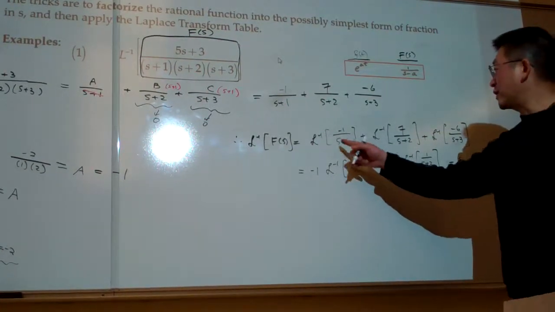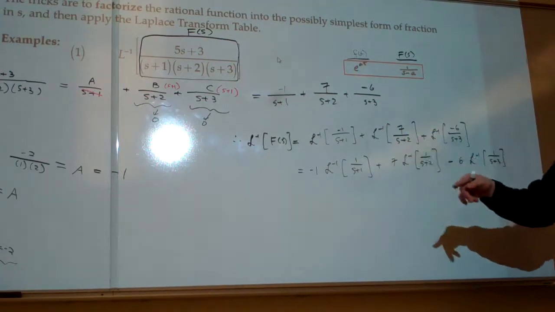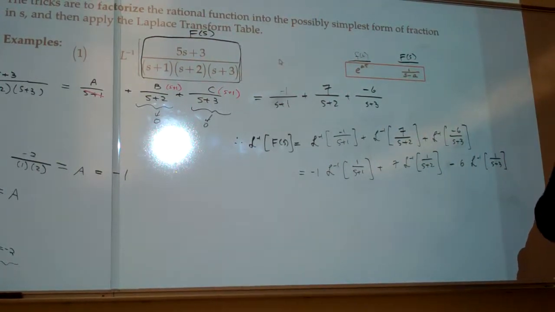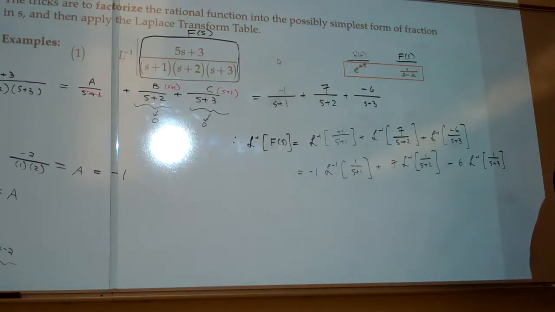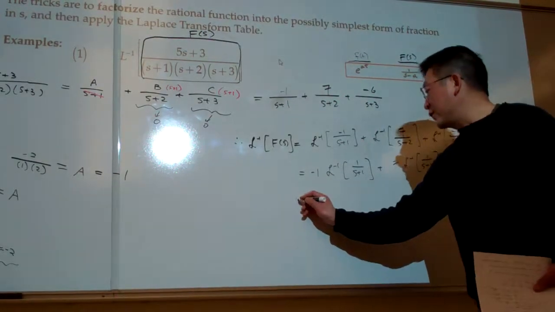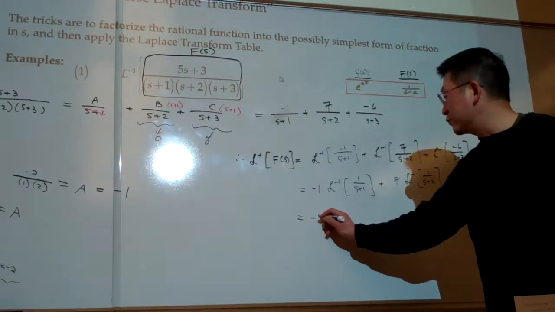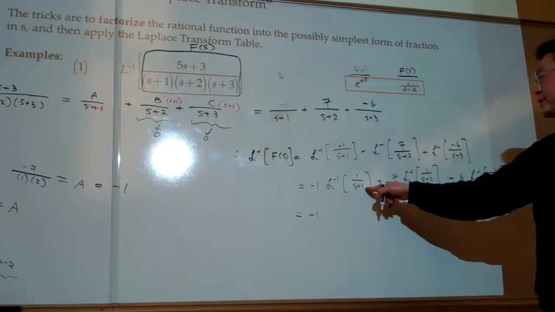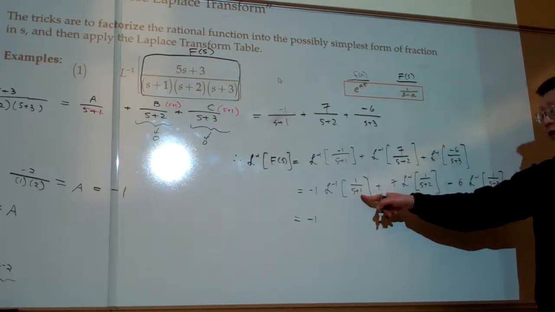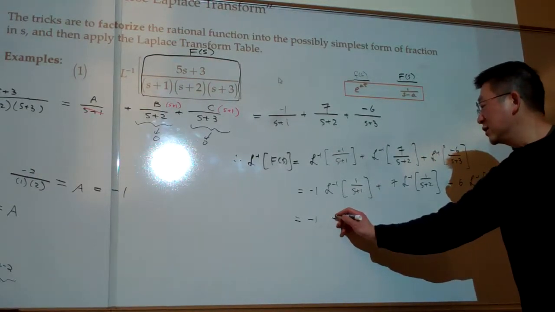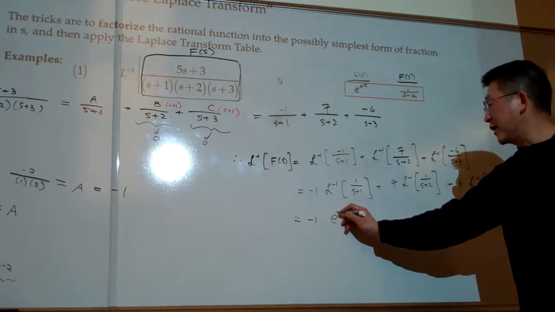I simply take the coefficients out because you remember that a linear combination in the s domain is equivalent to a linear combination in the time domain. I use that property.